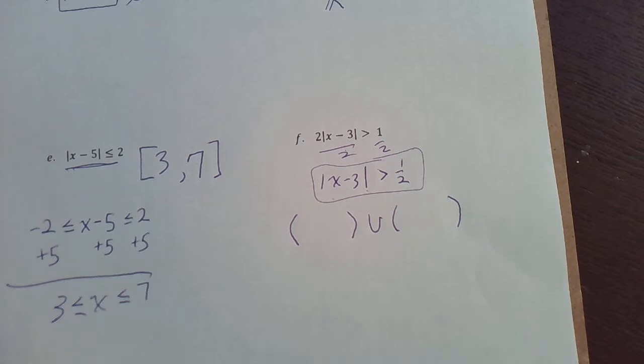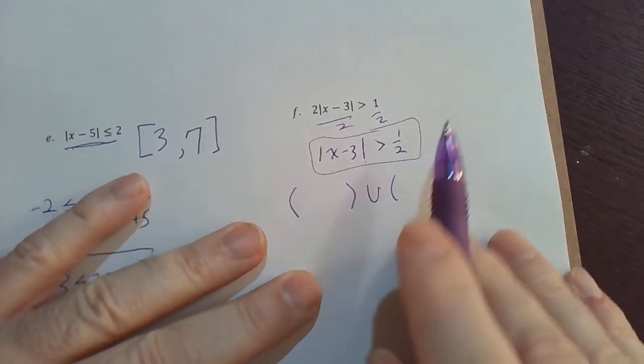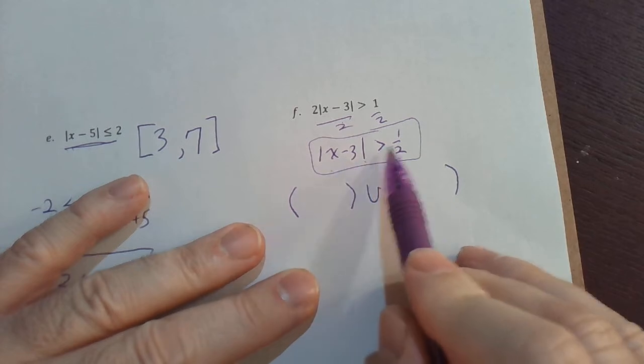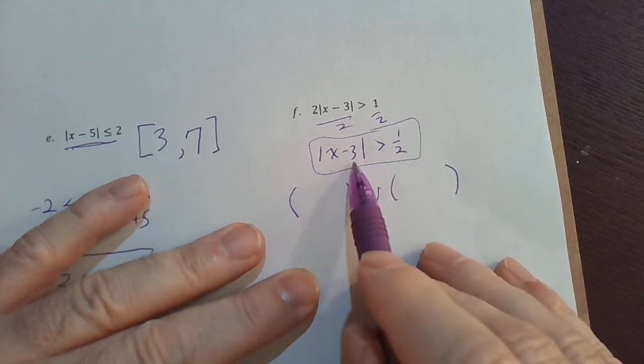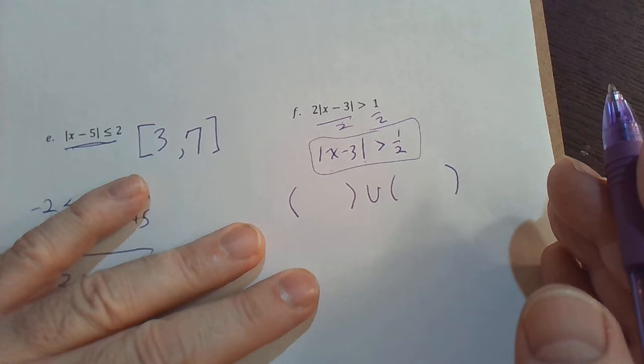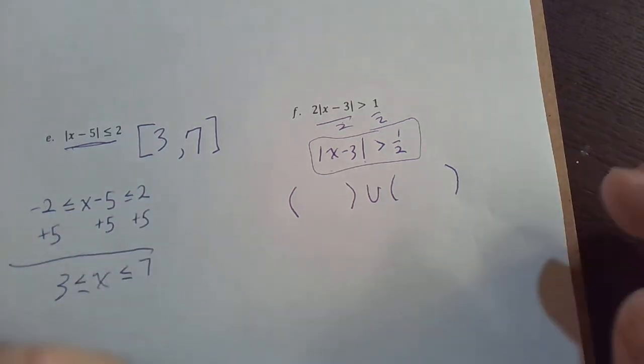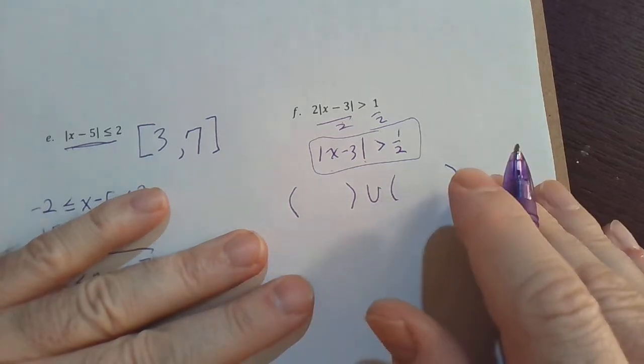Okay, so what does this mean? It means either x minus 3 is greater than 1/2 or x minus 3 is less than negative 1/2. And here's the way I like to solve these. I don't need to worry about the less thans and greater thans anymore.